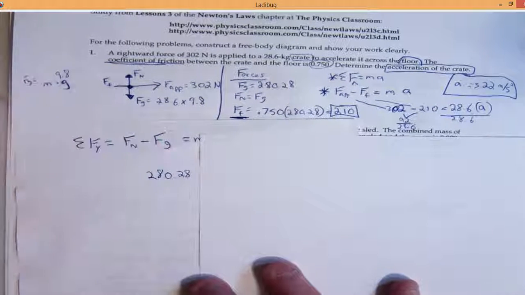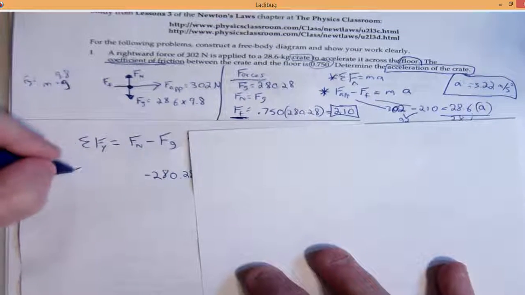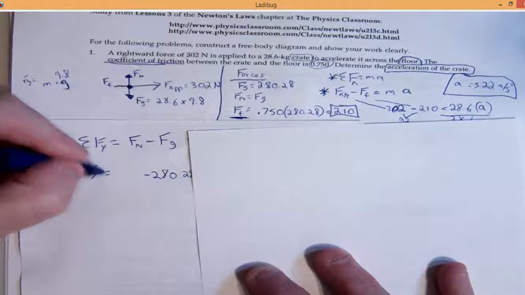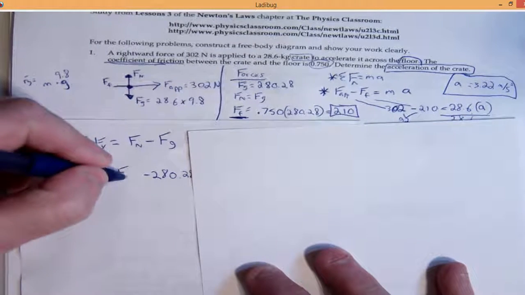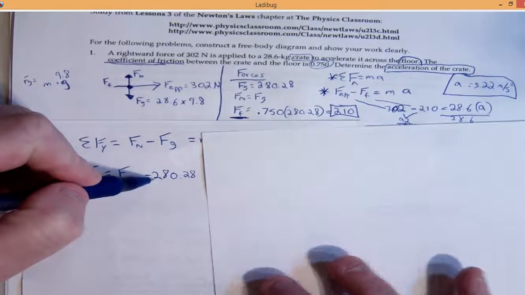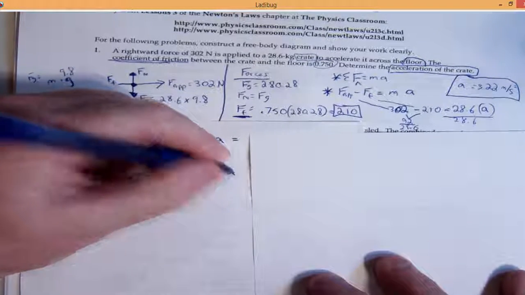That's our force of gravity. So our overall force, our y force, up and down, equals our normal force minus our force of gravity, which we already figured out. But we also know that that equals mass times acceleration.